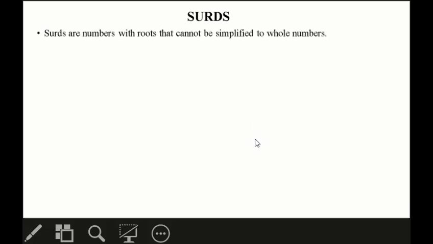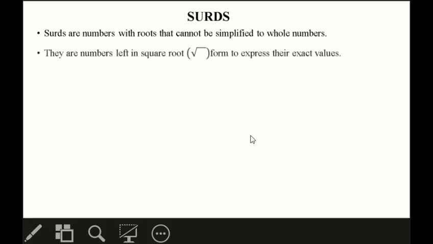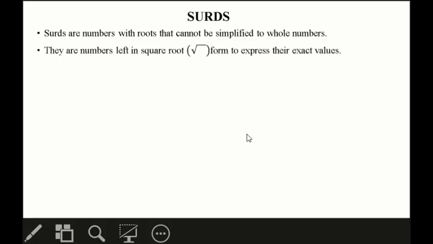So we say sets are numbers with roots that cannot be simplified to what? Whole numbers. And the root of 2 has given us a clear example. We can also define a set as numbers left in square root form to express their exact values. Good.